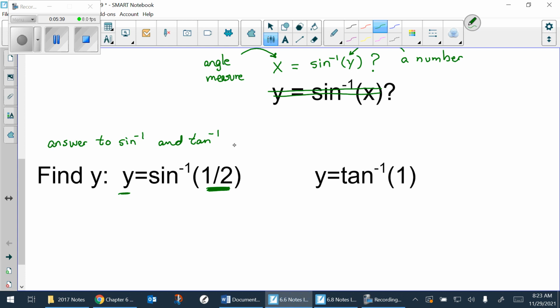The answers to these kinds of questions, whenever you're asked to find the sine inverse or the tan inverse of a number, the answer is in the first or fourth quadrant. The angle measures you're looking for are in the first or the fourth quadrant. And they go from negative pi over 2 to pi over 2.